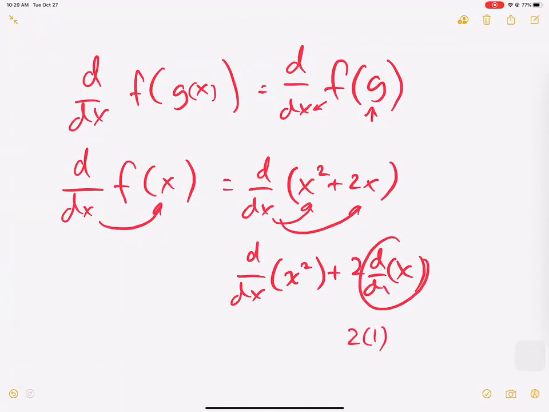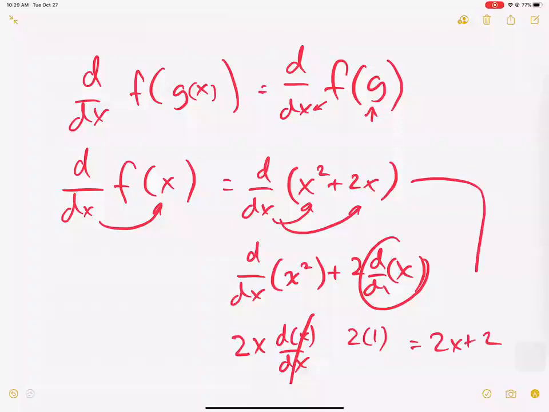Right, essentially. The power rule here brings down the 2, and then we write x dx over dx. Oops, sorry. If we do the chain rule here, essentially those cancel out also. And we're left with 2x plus 2. Fast way versus long way.